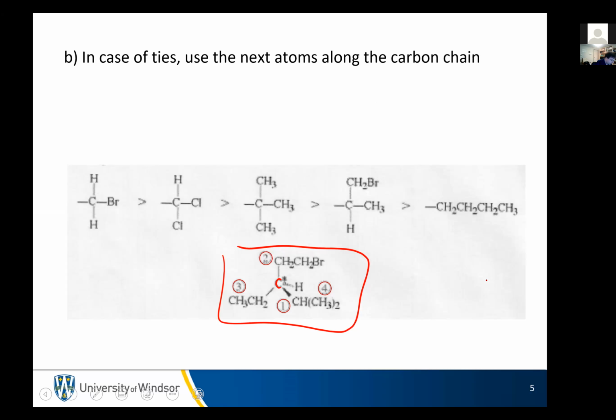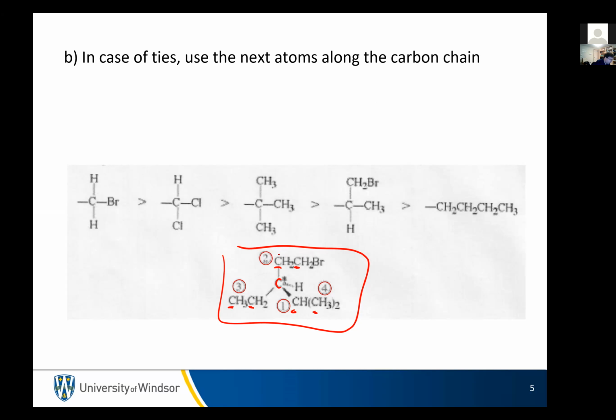Well, this carbon is attached to another carbon. That's good. This carbon is attached to another carbon. That's good. This carbon is attached to another carbon. That's good. We're still tied.